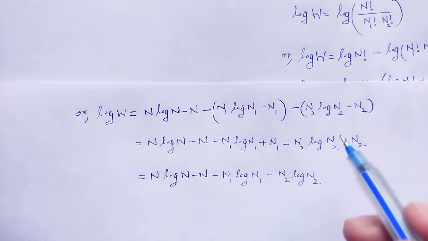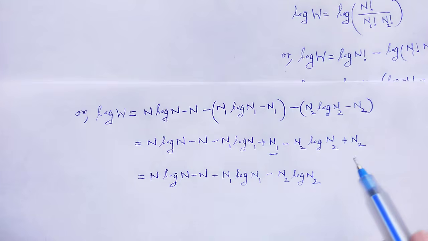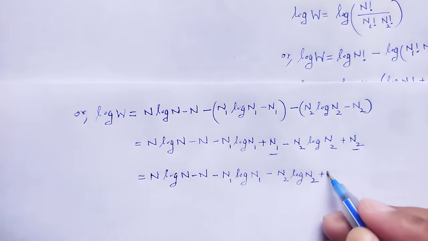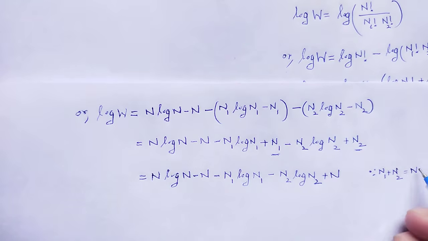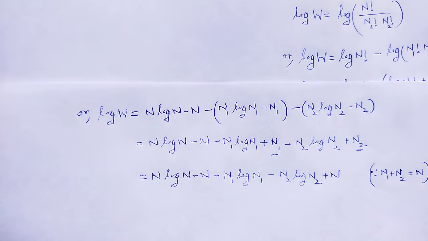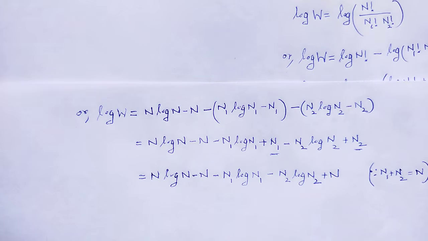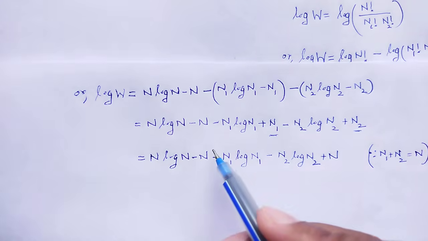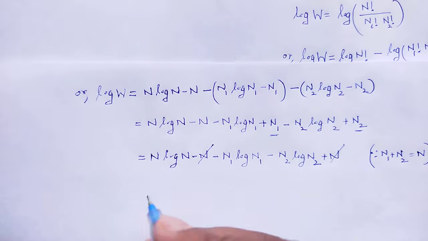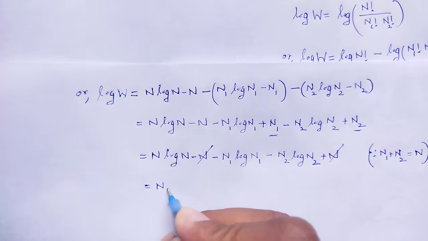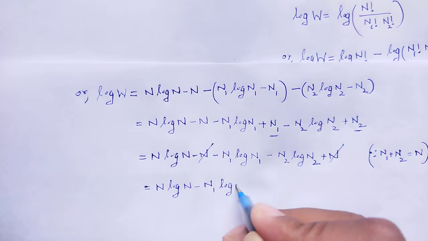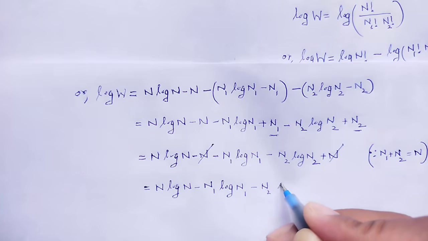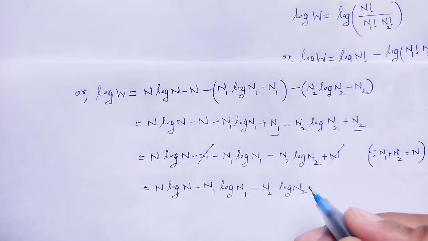In place of N1 plus N2 we write N, as we know N1 plus N2 is equal to N. Then plus N minus N cancels out, leaving N log N minus N1 log N1 minus N2 log N2.